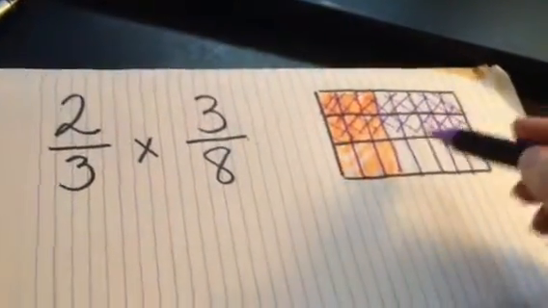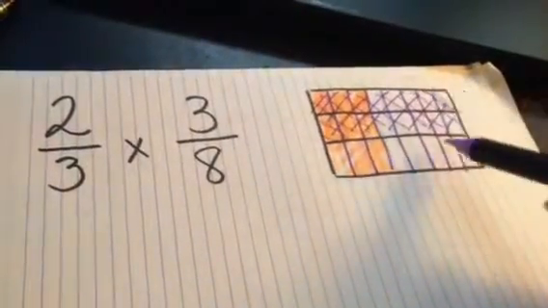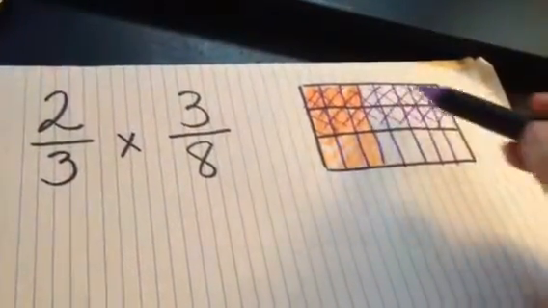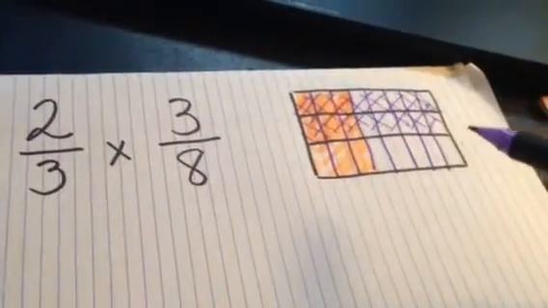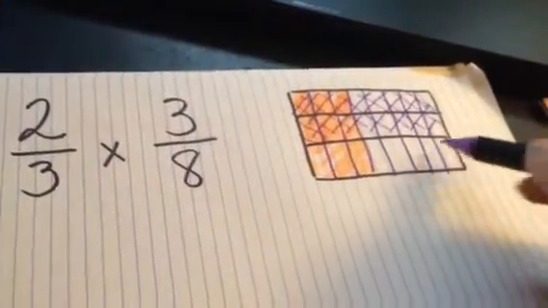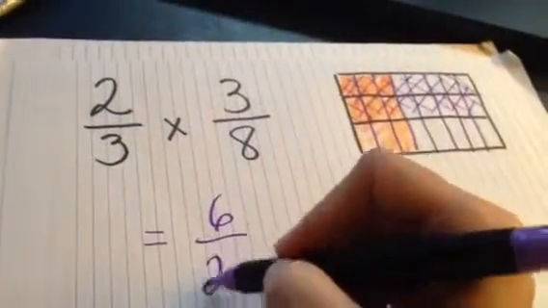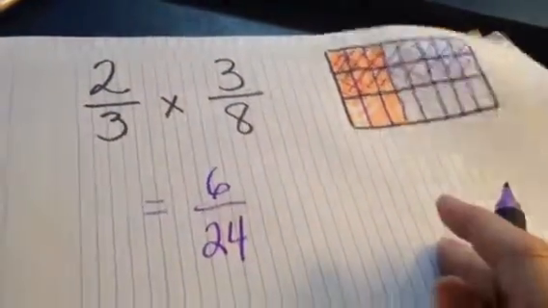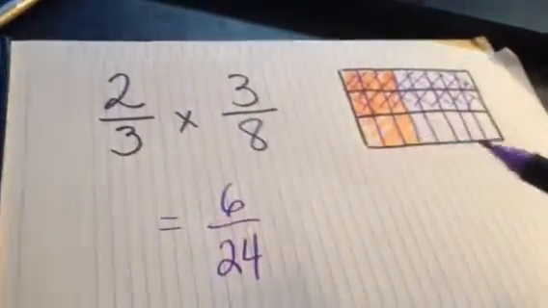So I can see that if I were to count all the possible pieces and only 6 of them are shaded, I can see that I have 3 times 8 possible equal pieces. This row seems a bit bigger, but it's supposed to be the same size. So I have 6 out of 24 pieces shaded. Notice that that's the product of 2 times 3 and 3 times 8.